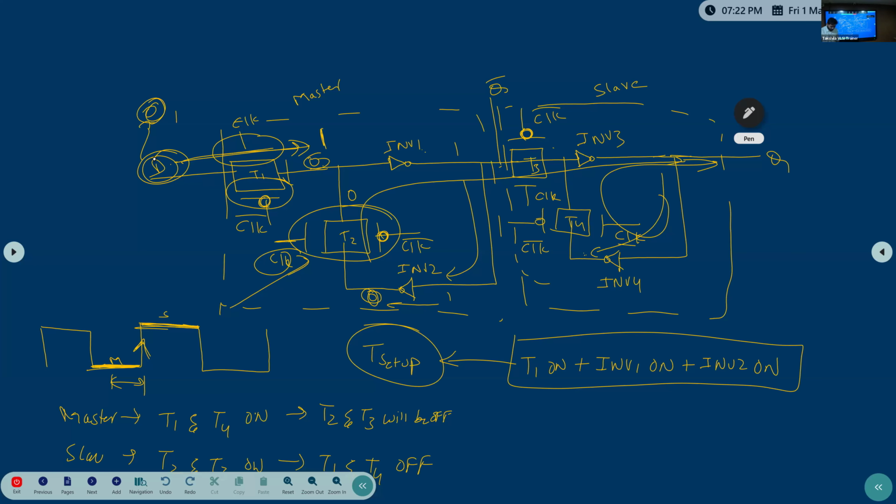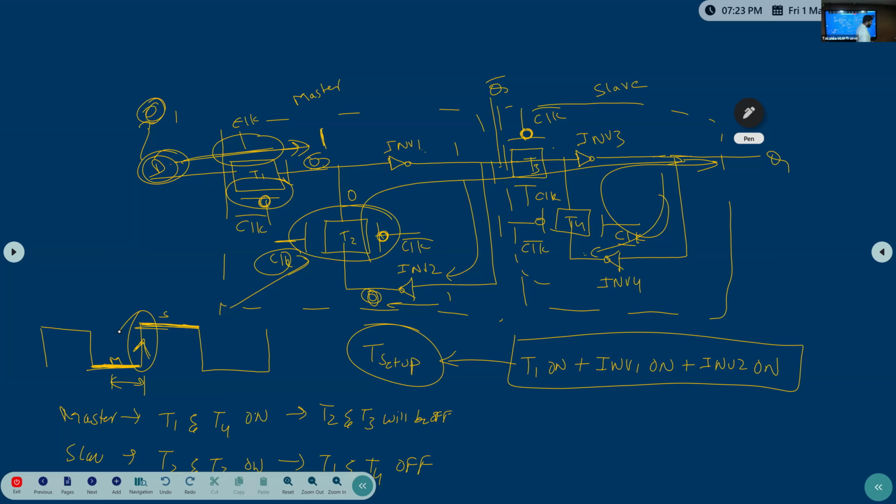Now see what happened. The setup time. Keep a note of the definition of the setup time. Setup time is very important. Two times you should know. One is setup time: the minimum time data should be stable before the active edge of the clock.